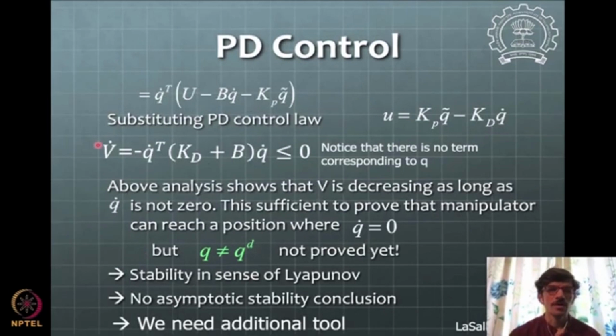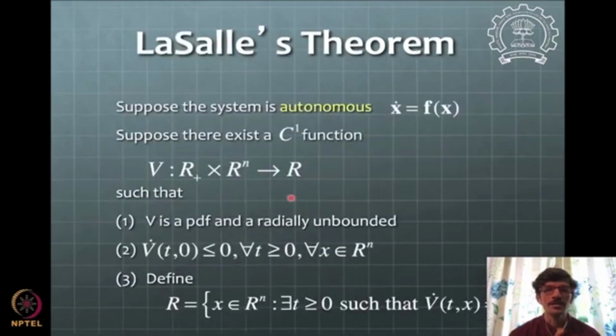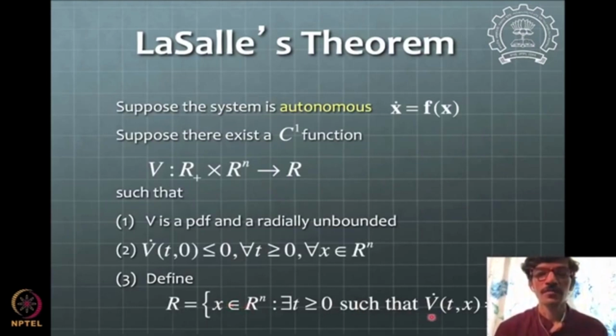V dot equal to 0 condition means q dot is equal to 0. So we look at this q dot equal to 0 condition and see that x belongs to this R n space such that V dot of x comma t is equal to 0.